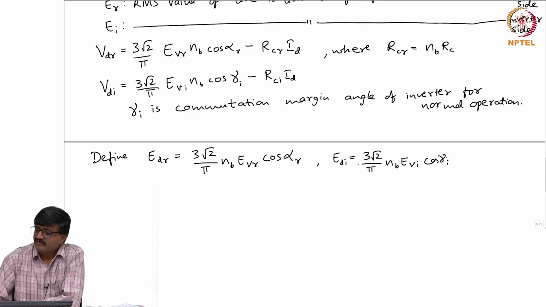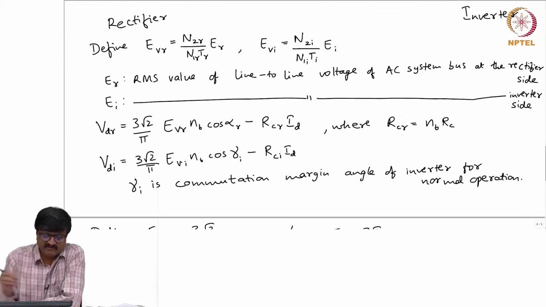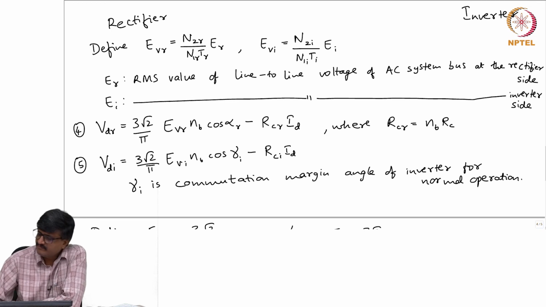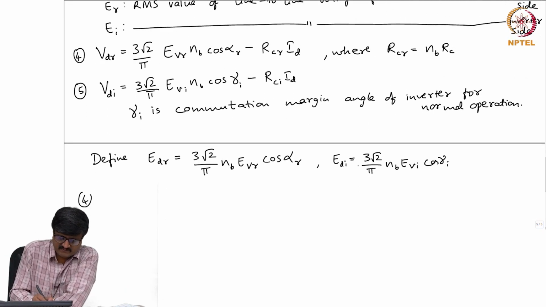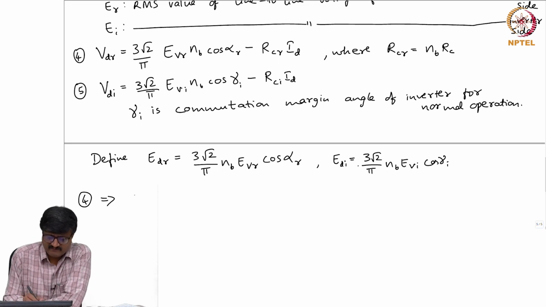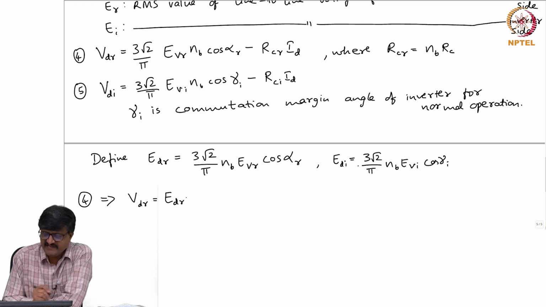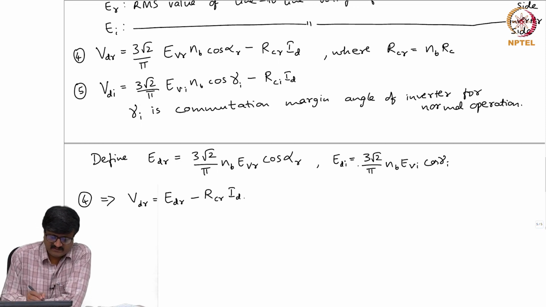If I look at the two equations, let me call them equation number 4 and equation number 5. Equation 4 can be written as VDR equal to EDR minus RCR ID, using the definition of EDR.